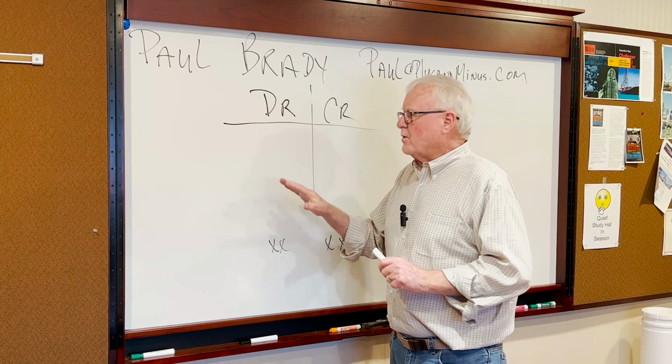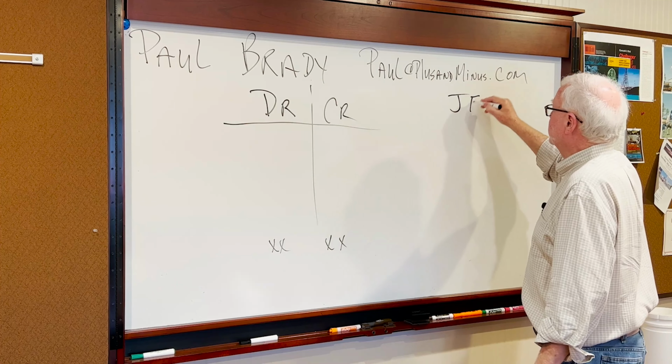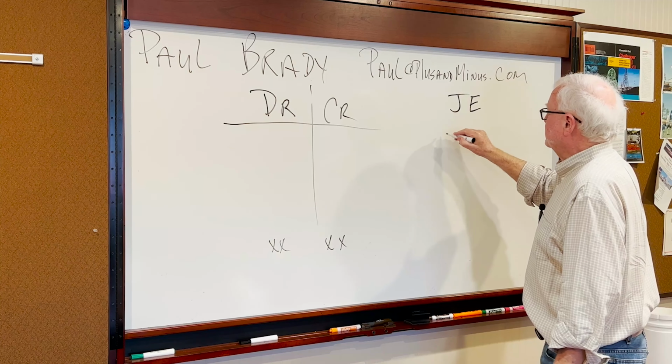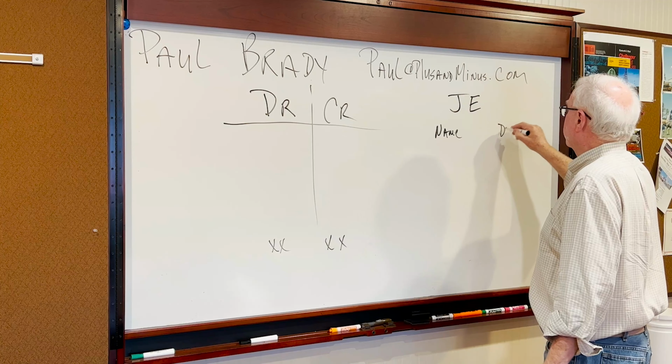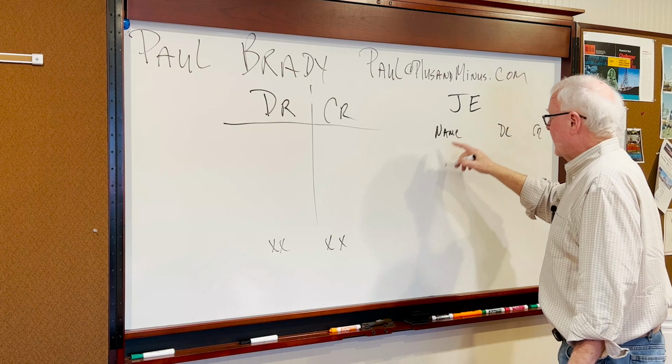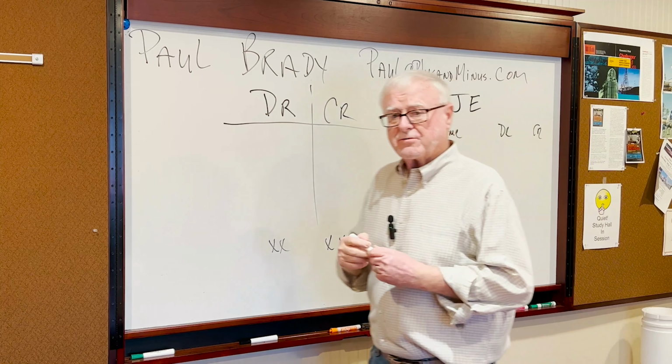So when you made a journal entry, you could have JE, then the names of the accounts, and then the debits and the credits. You just list all the accounts and the amounts of money under the debits and credits.